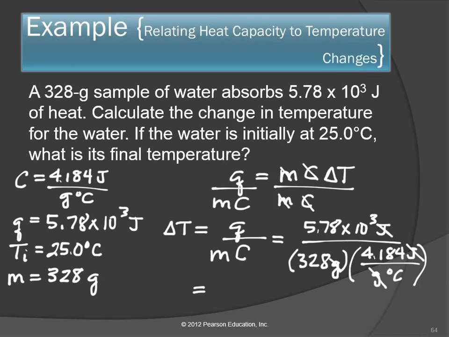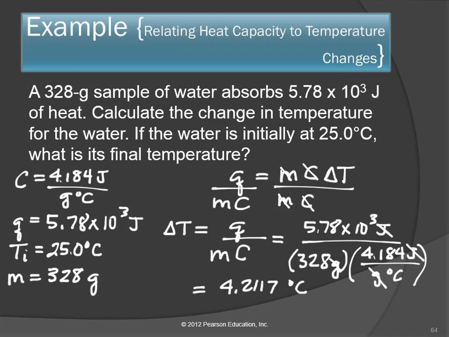So the temperature change is 4.2117 blah blah blah. And the sign and the unit is degrees Celsius. Is your calculator giving you that answer? If it isn't, check how you're entering the numbers.